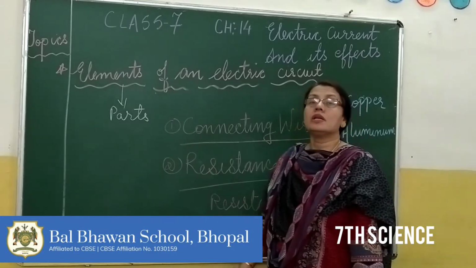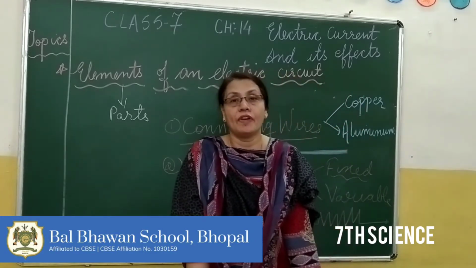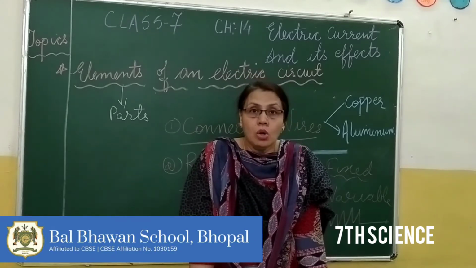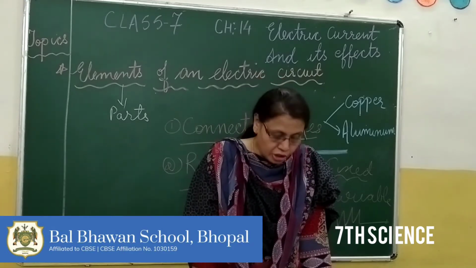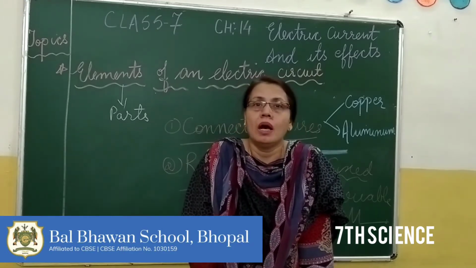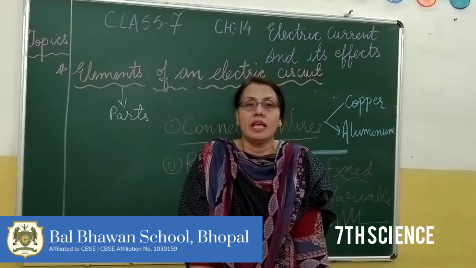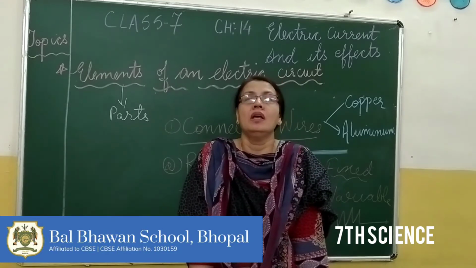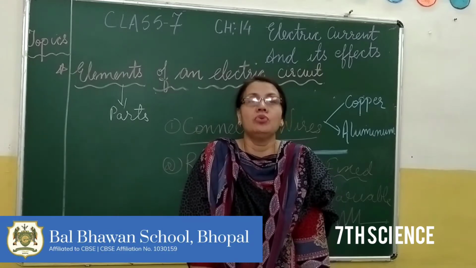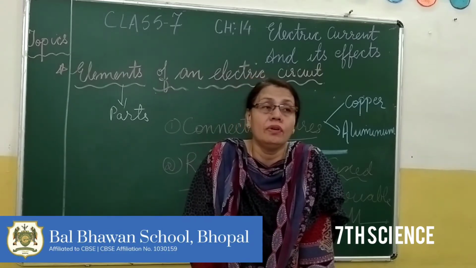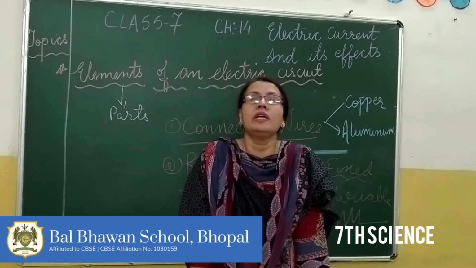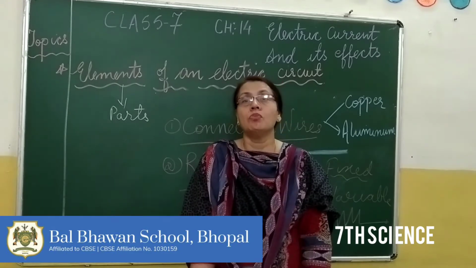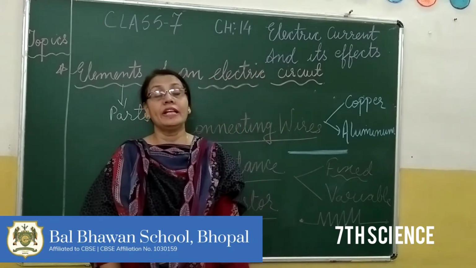This resistor is also made up of an alloy. Now, the alloys used for making this are tungsten, constantan, nichrome, or eureka manganese. I understand that these names might be tough for you, but then what to do? These are alloys. You know the definition of alloy. Yes, an alloy is a mixture of two or more metals in a fixed ratio.